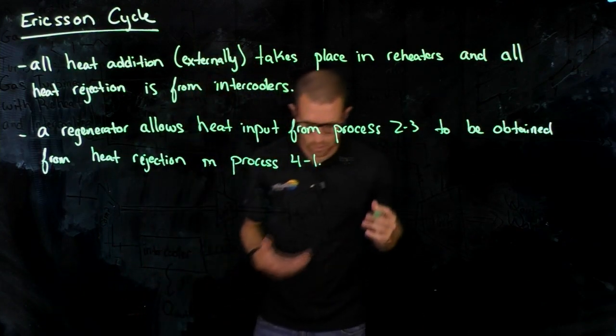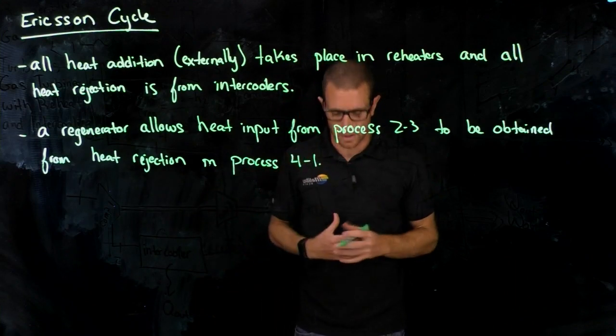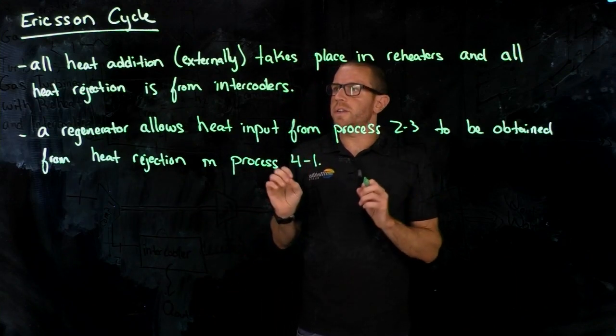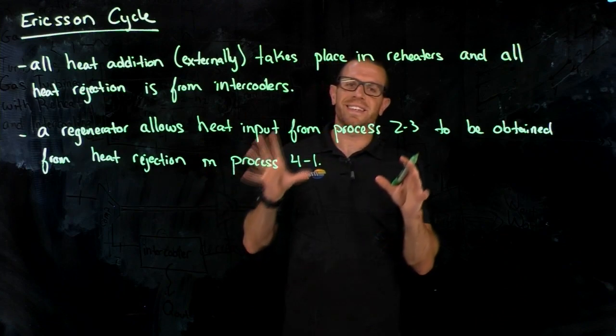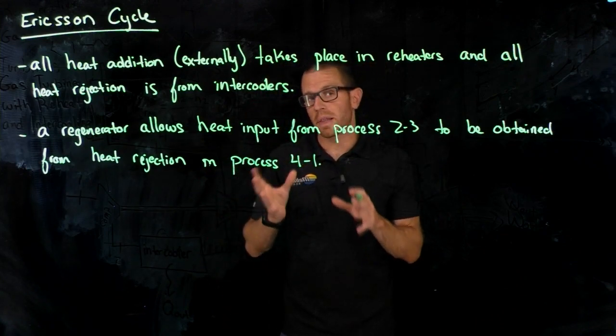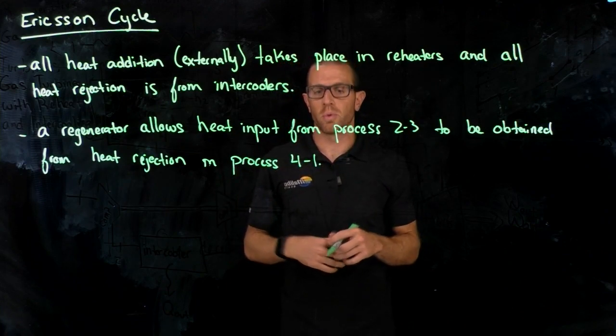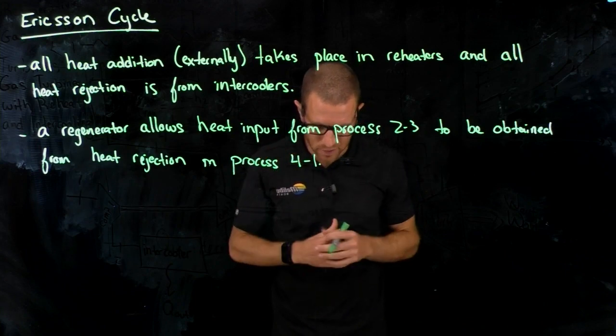Now, without a diagram on the board, this last bullet point here doesn't make a lot of sense. So drawing an Ericsson cycle is actually kind of tough. And I'm not going to attempt to do it here, but let me do you a little bit better on the explanation through a TS diagram.